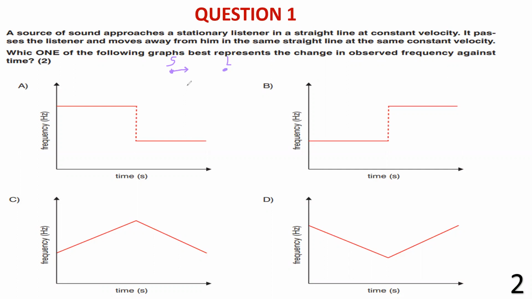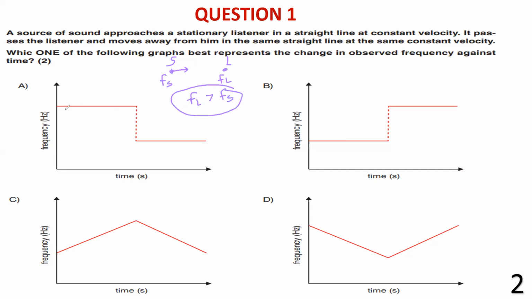If they're coming to each other, our frequency is higher than the normal frequency. We say Fs for the source and FL for the listener.